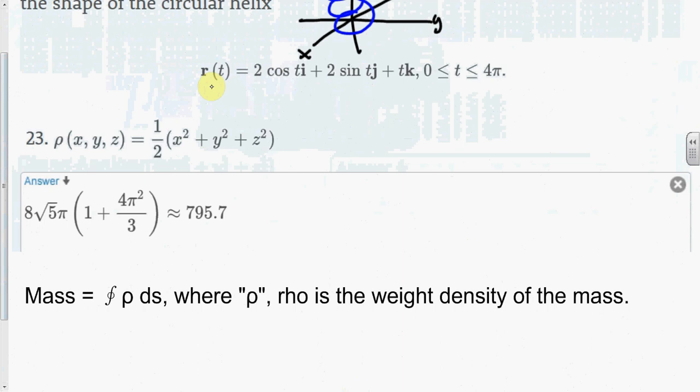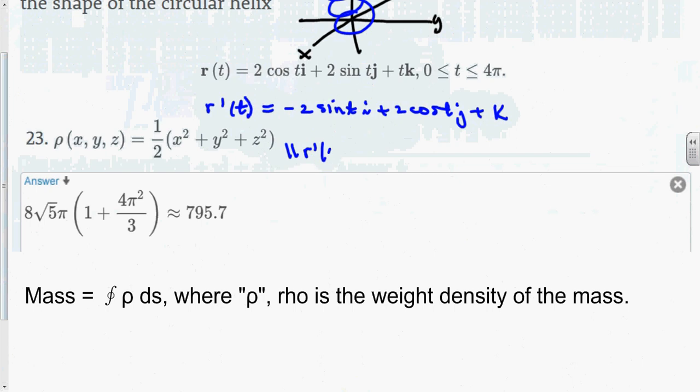Well, the good thing is that they give us r, so we need to find r prime of t. This is negative 2 sine t i plus 2 cosine t j plus k. And then we find its norm.